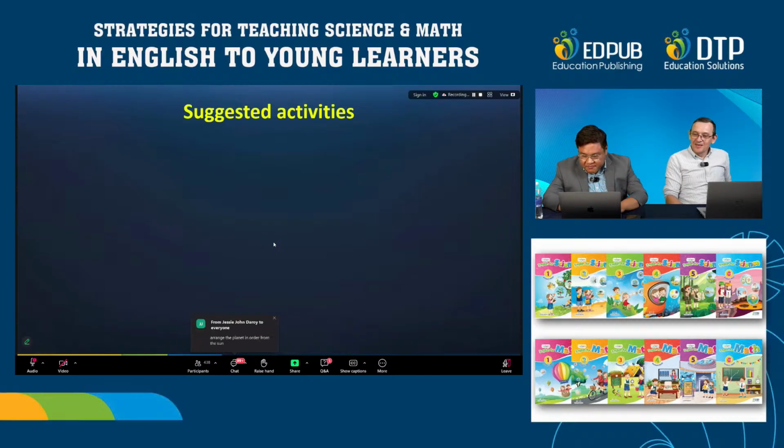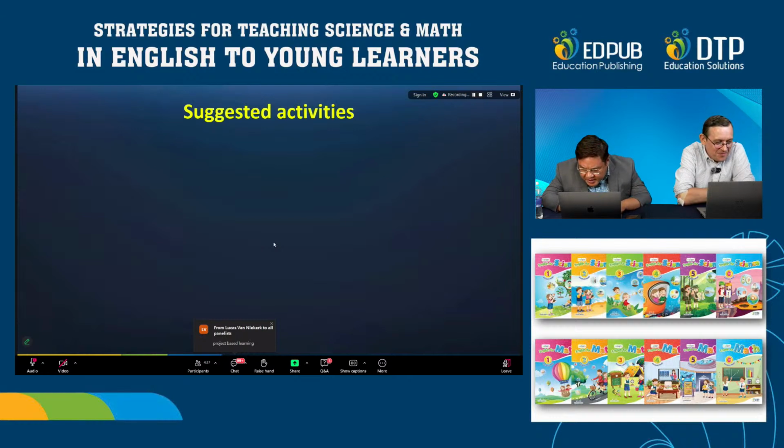Yeah. Elicit flashcards, video, arrange the planets in order from the sun. Through a song, role play. Yeah. Visual and auditory reinforcement. Good, good. Kinetic movement. No, kinesthetic. Kinesthetic. Yeah.